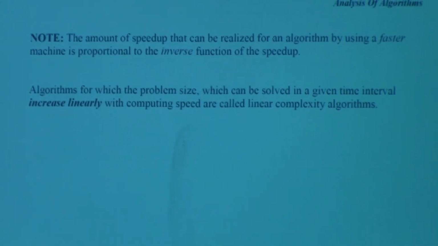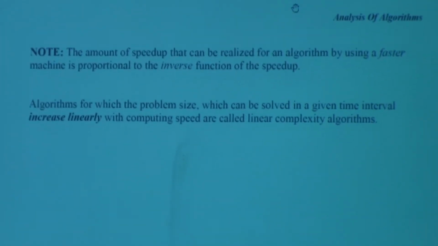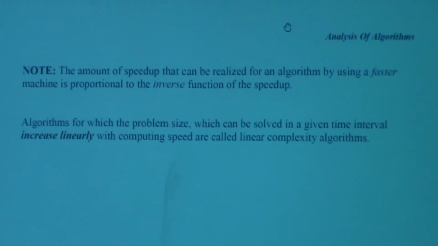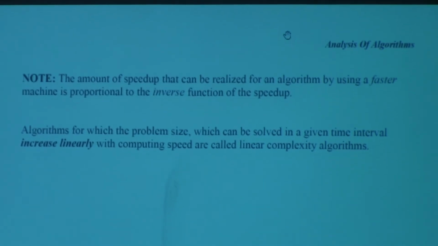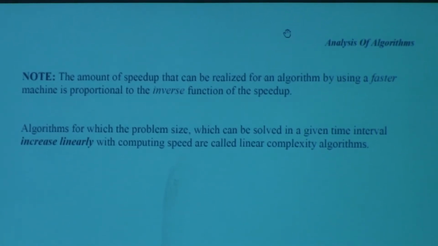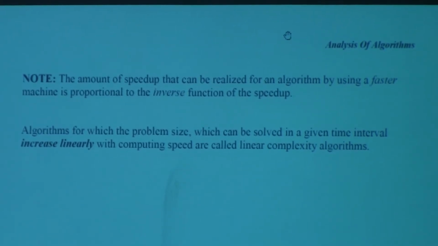Those algorithms realize exactly the speed up of the machine as the increase of the problem size. It's a one-to-one. So if I'm solving a linear problem, and I can right now solve a problem size of a million in time t, and I double the speed of my machine, I'll be able to solve in time t problem size 2 million, because I can execute twice as many instructions, and the inverse function of linear is linear.